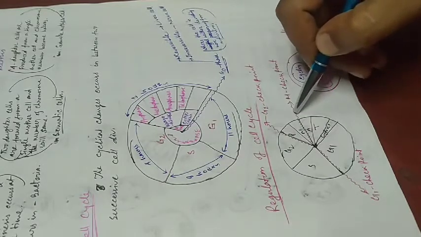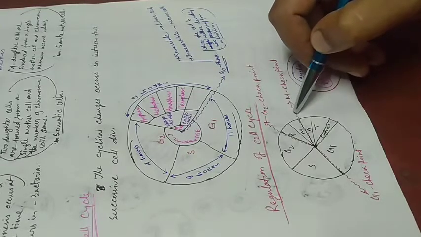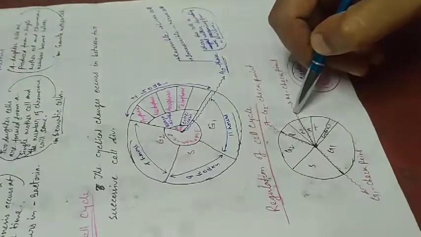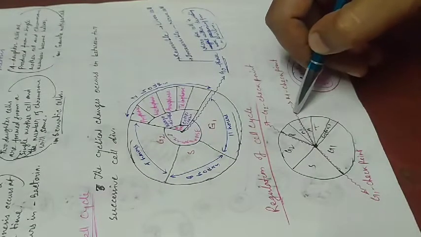It checks that all the chromosomes present inside a cell come to the equatorial side of the cell, and that the spindle fibers are properly attached.